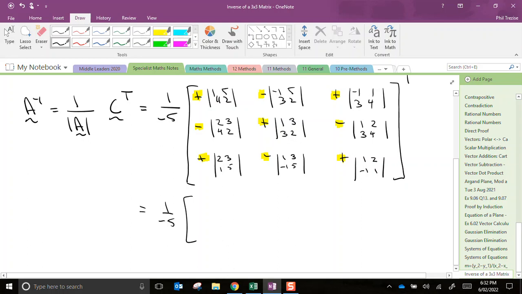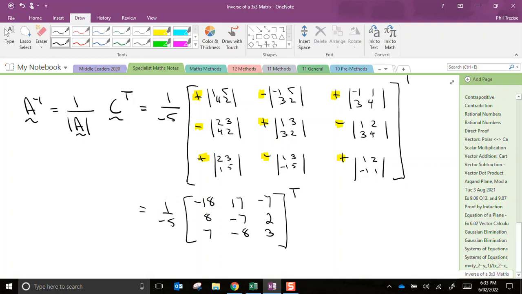Now remember, for each of these 2 by 2s, it would be A times D subtract B times C. In the first case, that would make it 2 subtract 20, so we would have negative 18, 17, negative 7, 8, negative 7, 2, 7, negative 8, 3. And don't forget, we need the transpose of that. So that 3 by 3 matrix is the cofactor matrix.